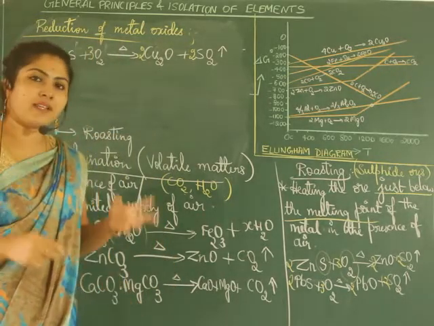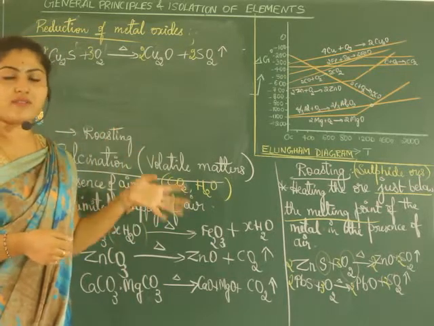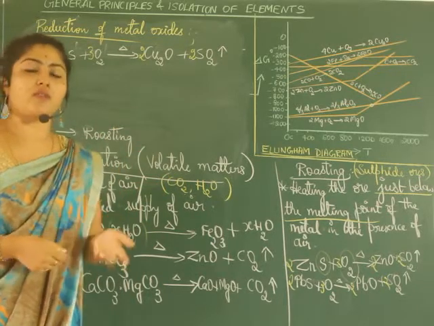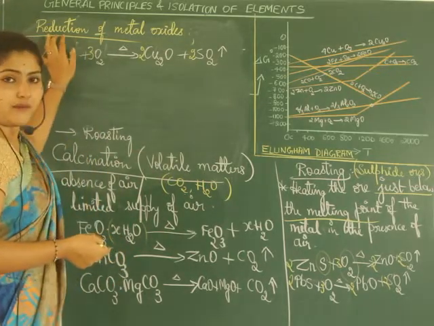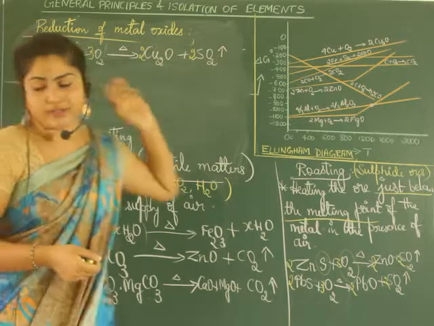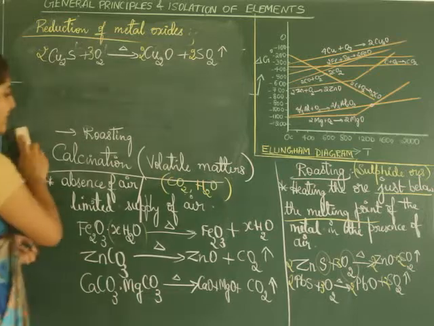Now using these methods, we have converted the concentrated metal ores into their oxide form. Which is the next step? The next step is reduction of metal oxides. Now how will the reduction of metal oxides be carried out? Before that, I want to mention a few points here.